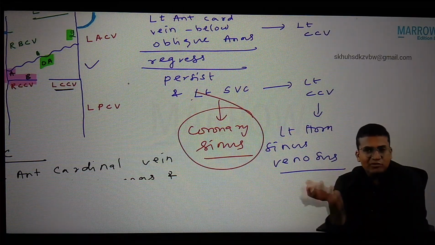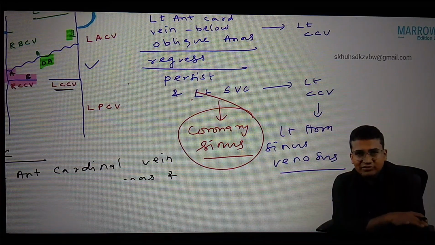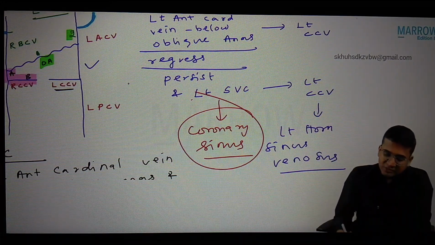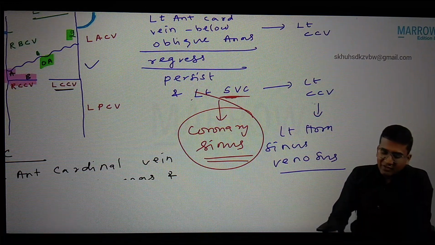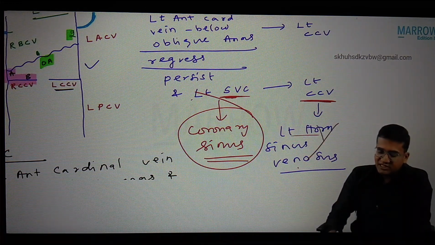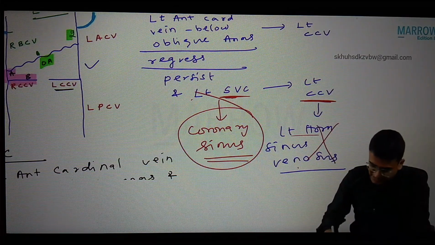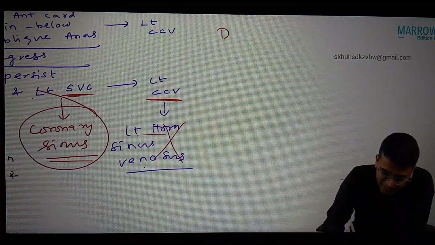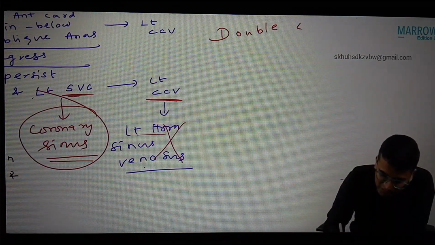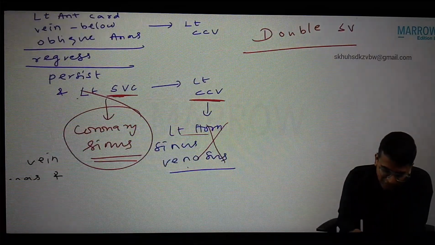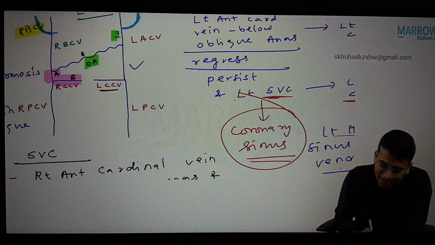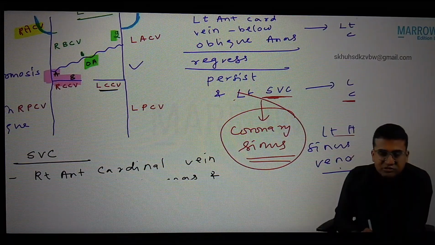So the right superior vena cava opens into the smooth part of the right atrium, and the left superior vena cava opens into the coronary sinus. Why? The anterior cardinal vein opens into the common cardinal vein on the left side; the left common cardinal vein and left horn of sinus venosus regress and form the coronary sinus. So this baby has double superior vena cava due to persistence of the left anterior cardinal vein below the oblique anastomosis.